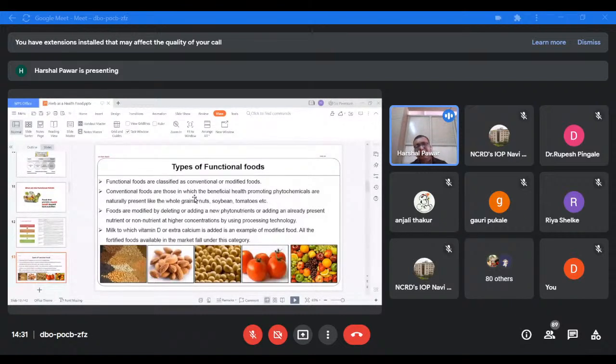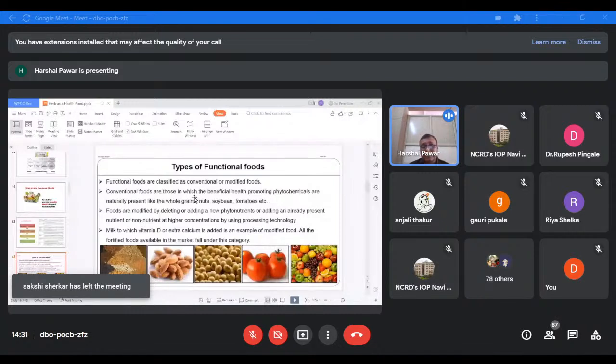Right. So any kind of whole food component or food material, maybe in terms of whole fruit or maybe in terms of nuts or seeds or grains, right? Or vegetable fruits. So all those are forming a part of your conventional type of functional foods, right?